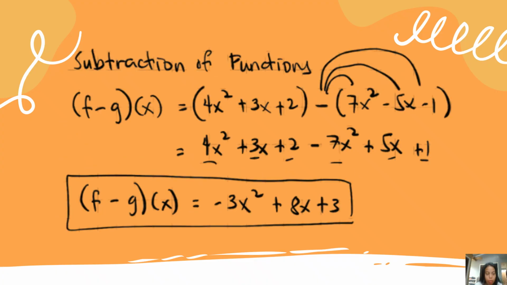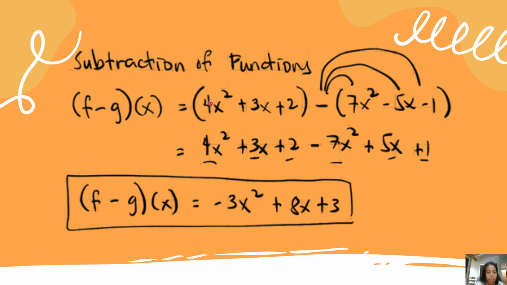Next, we will find the difference of the functions. The difference is defined as f minus g of x is equal to f of x minus g of x. So substitute the expressions. This is the most critical step, where we must be careful to subtract the entire g of x function. So we will replace g of x in parentheses to ensure we distribute the negative sign.